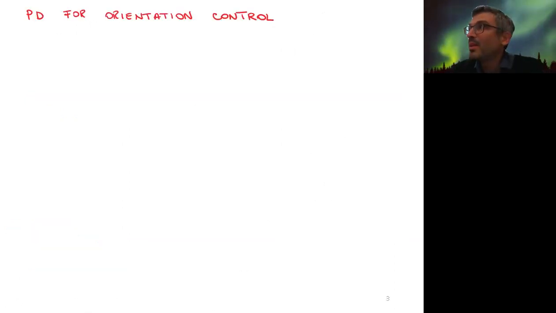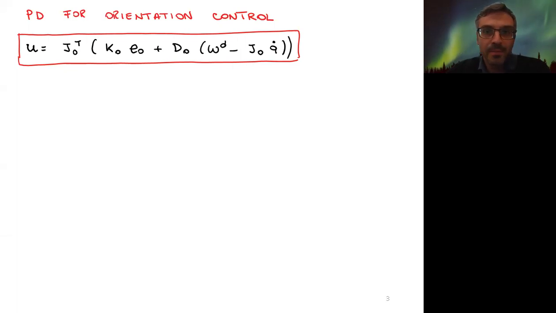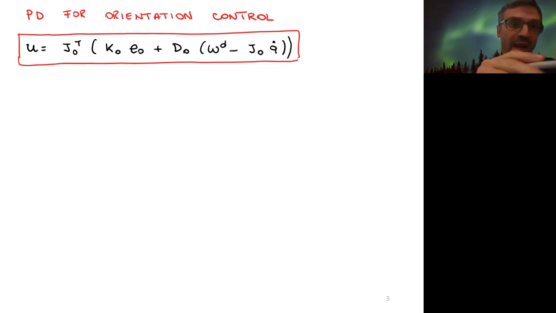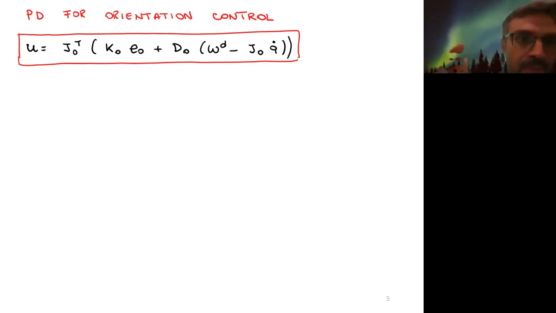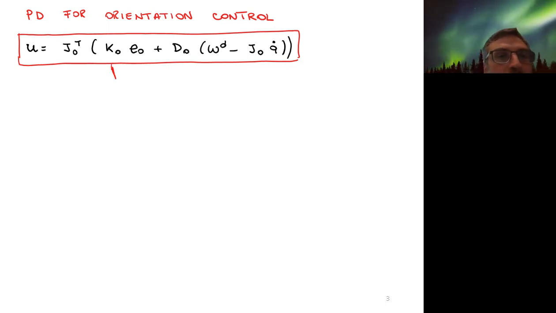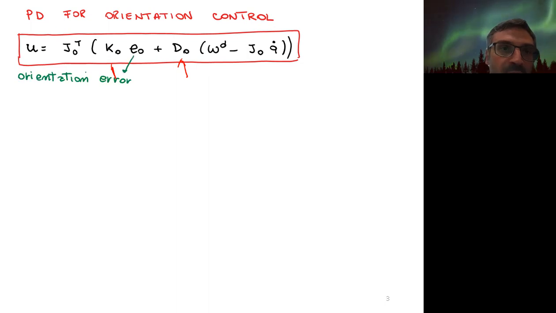Now, how does the PD orientation control law look like? It's very similar to the Cartesian one. We have the Jacobian transpose, the orientation part of the Jacobian, and we do the transpose. Then we have a term that represents the torsional stiffness, and one is the torsional damping, and the torsional damping multiplies the error at the velocity level, which is in this case the angular velocity.